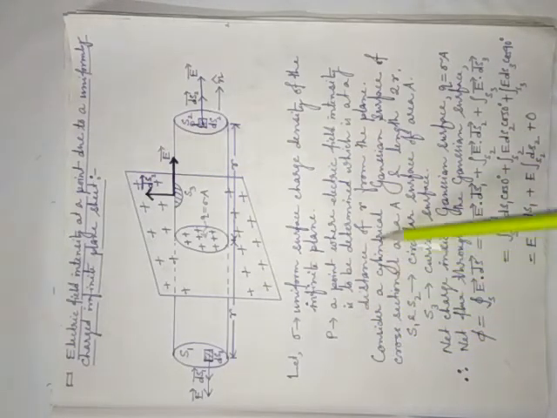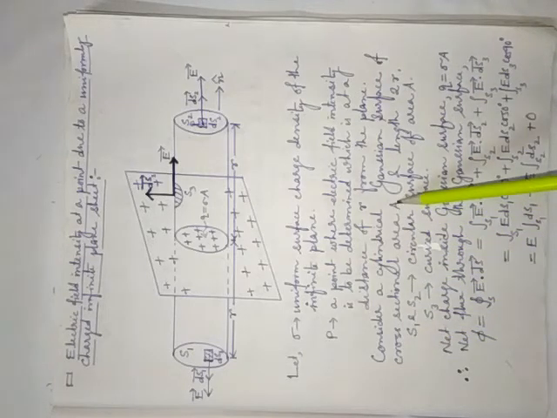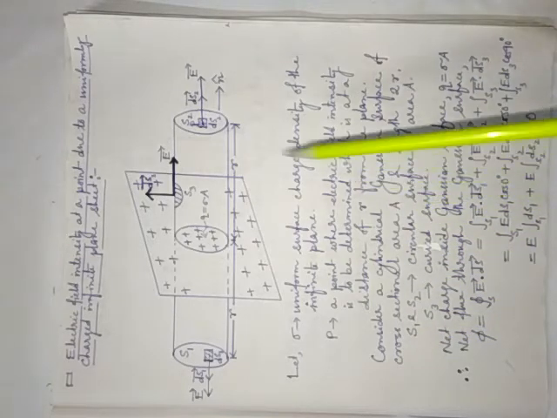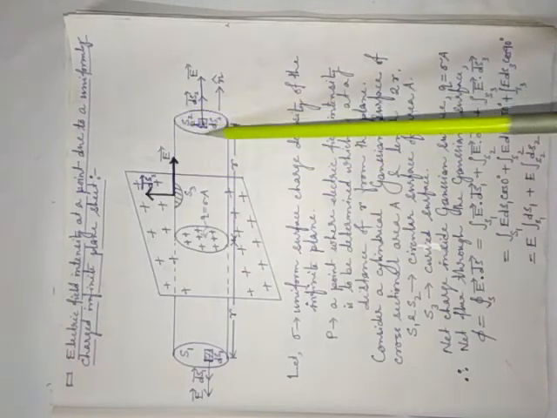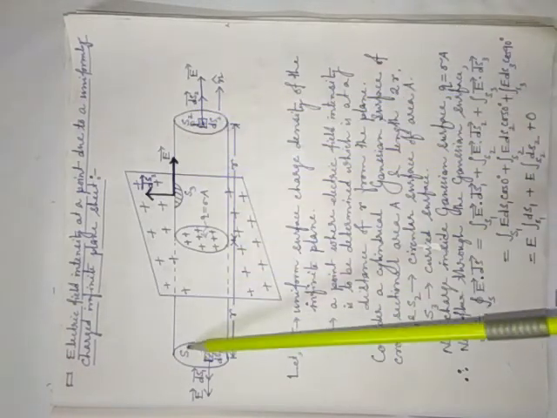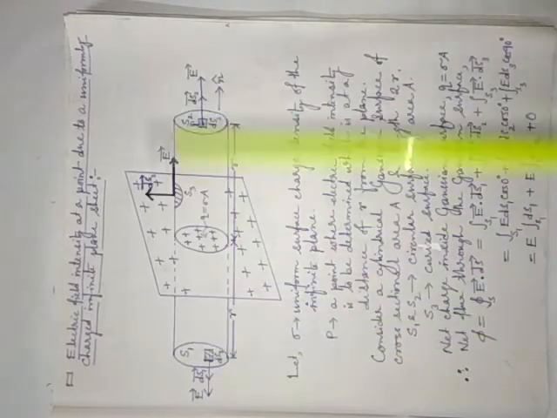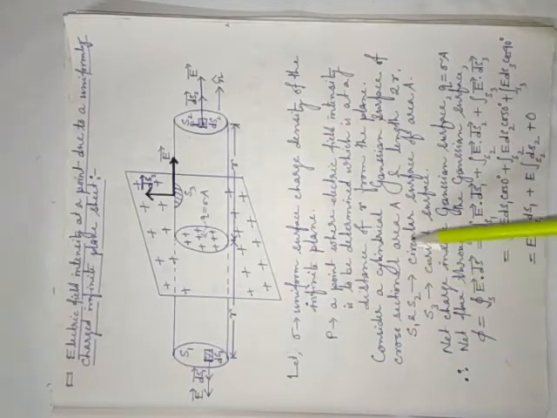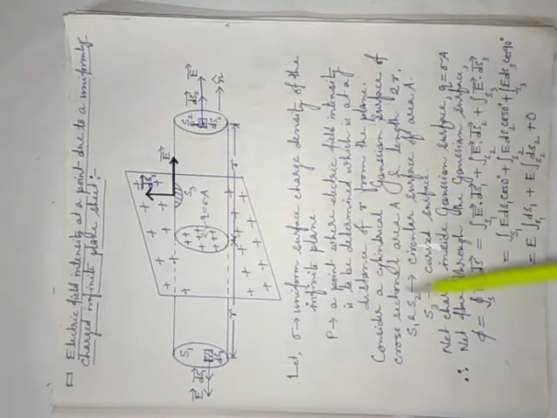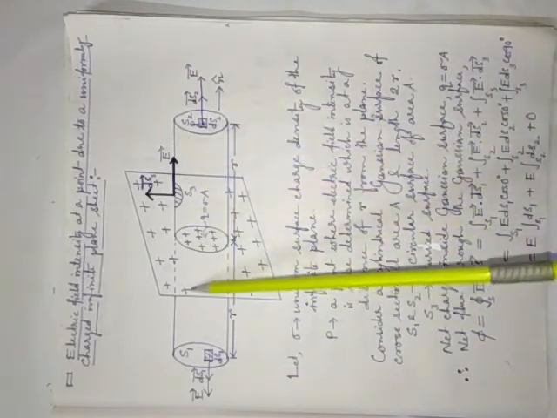Now consider a cylindrical Gaussian surface of cross-sectional area A. The cross-sectional area, meaning these circular surfaces S1 and S2, has the same area A, and its length is twice r. S1 and S2 are circular surfaces and S3 is the curved surface.